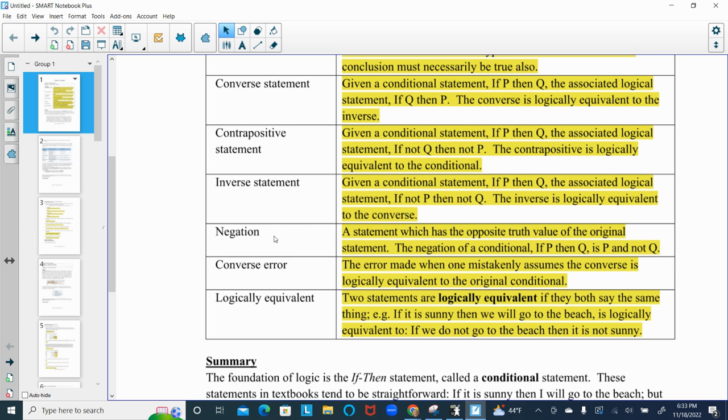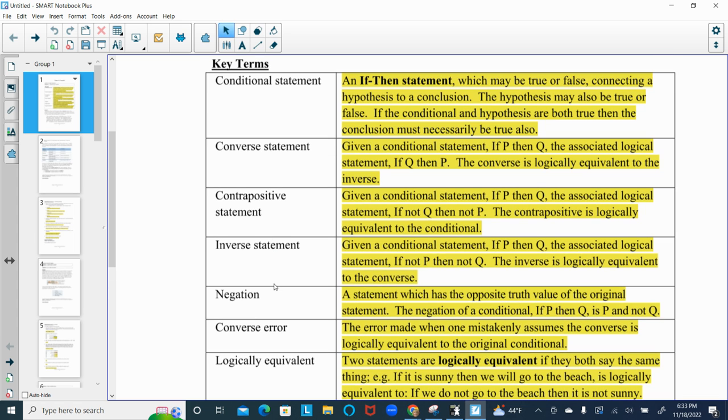Now, the reason I wanted to talk about that first was because you need to understand that for the contrapositive and for the inverse. So the converse statement simply takes the conditional statement, it takes the hypothesis and the conclusion, and it swaps them out.